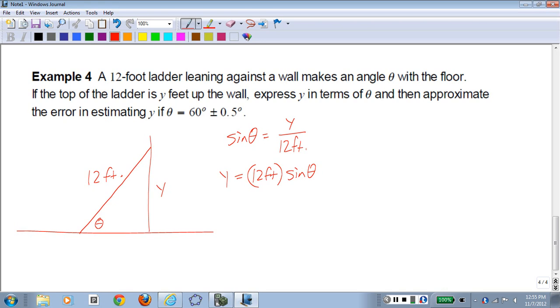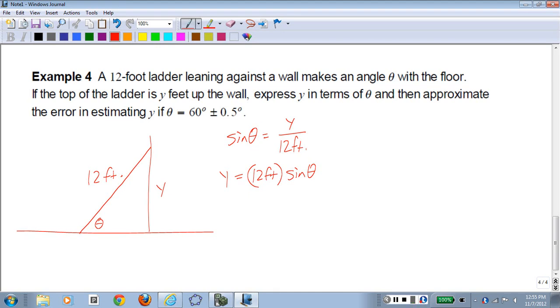That's an assumption here. In real life, maybe not. But we're assuming that so we don't have error from that measurement as well. So we know the 12 exactly, and we know the theta exactly. Then 12 times the sine of that exact value of theta would be the exact height of the top of the ladder above the floor.